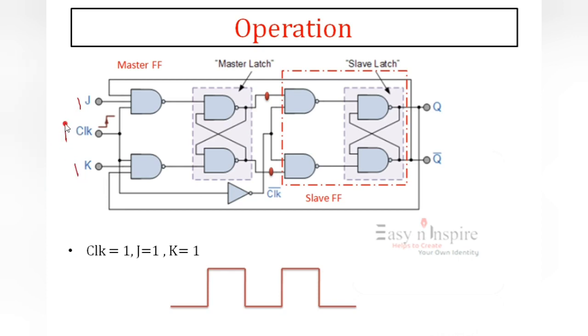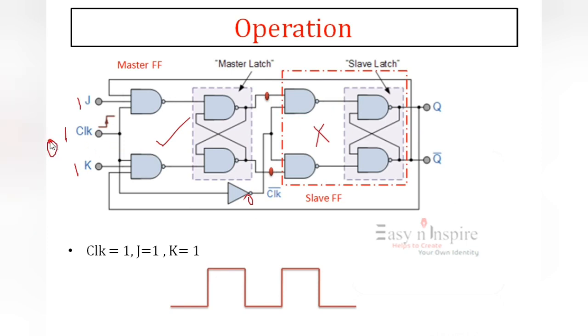So J equal to 1, K equal to 1, clock equal to 1. We know that when the clock is equal to 1, the first flip flop is activated. The clock is inverted here and 0 is going to this circuit, so it is deactivated. So there is no change in the output when 1 is applied to the clock.